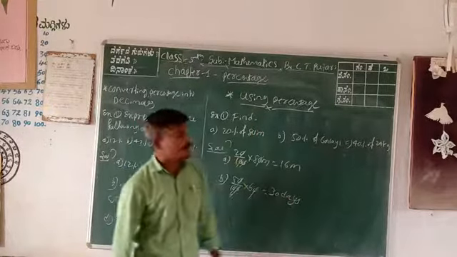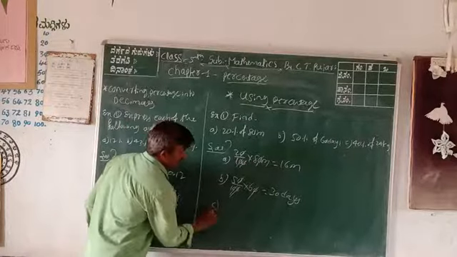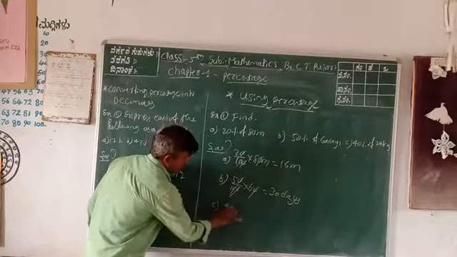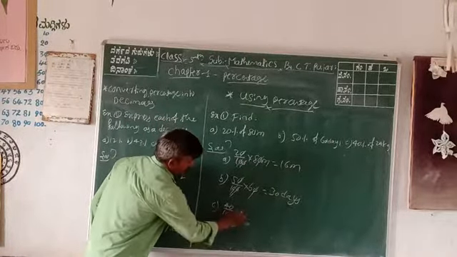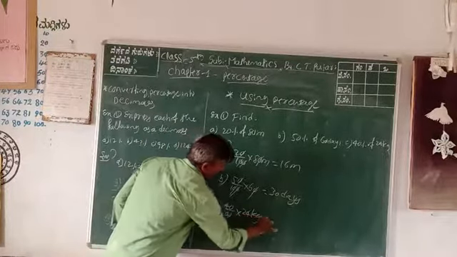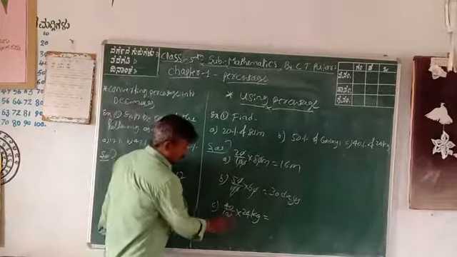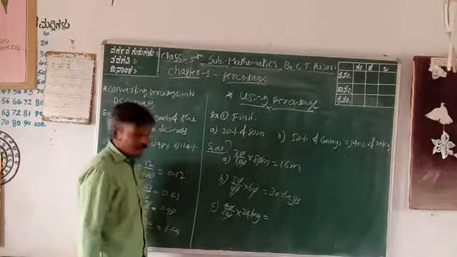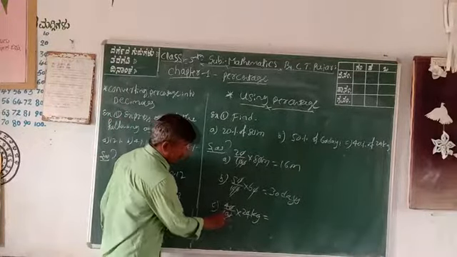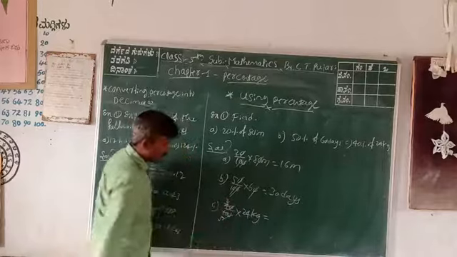40% of 24 kg. Therefore, C, 40% means 40 by 100 into the total, 24 kg. 0 1 0 cancel, 1 0 cancel. Next, 2 5s are, 2 2s are.